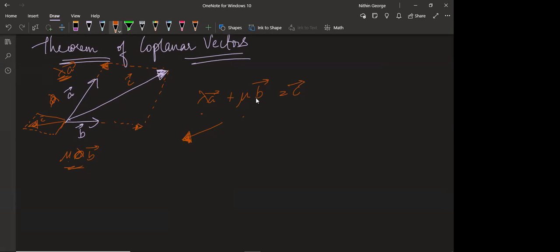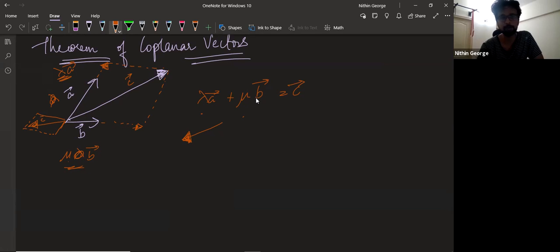All right. So the idea is you have two vectors A and B, and you want to find a third vector C using A and B. You can always form a triangle. You extend this much, and then extend this much, such that this can be placed here.